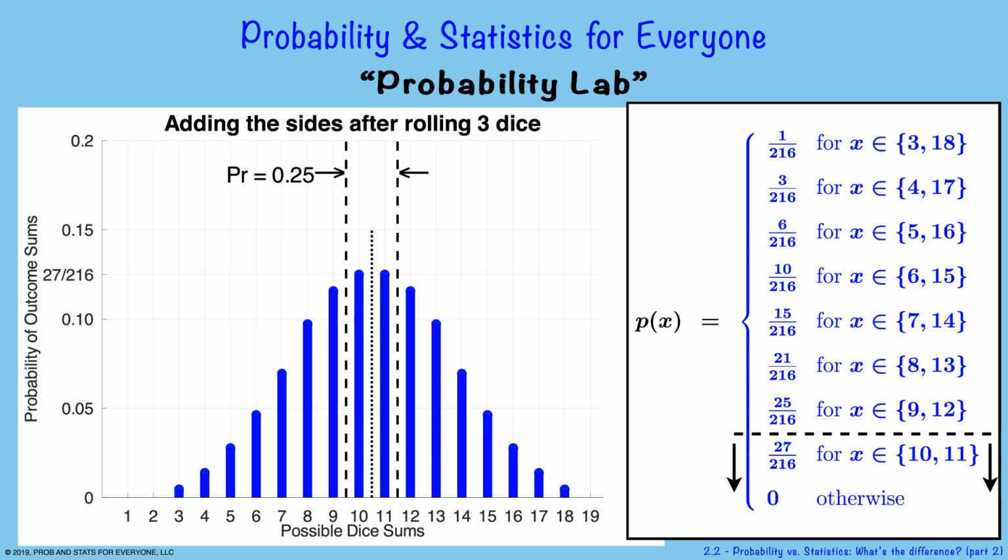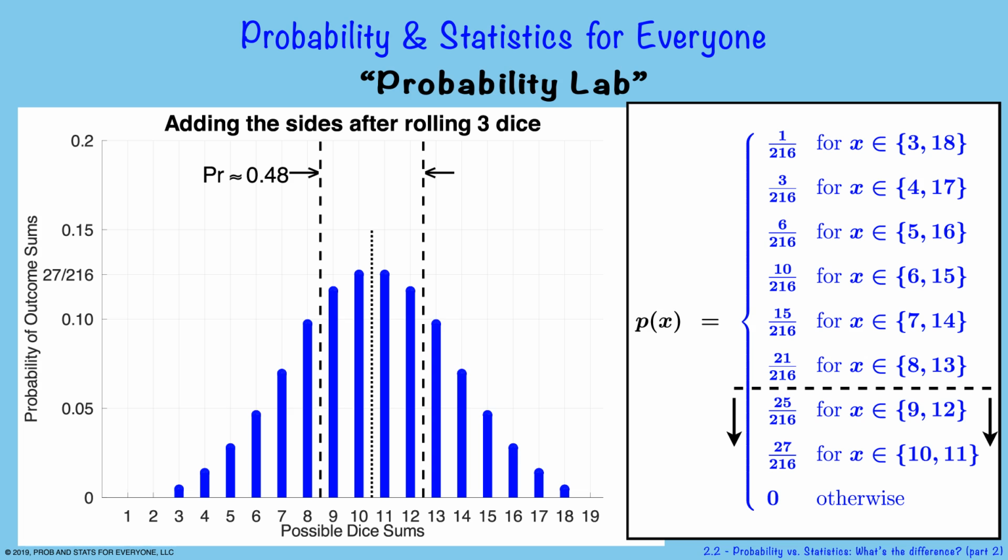If it's an outcome that only occurs 25% of the time, that doesn't seem like a very useful definition of typical. So we'll expand our definition to include any of the values between 9 and 12. Again, we add the individual probabilities and discover that this candidate definition of typical will be expected to occur almost half of the time, which is better but still not as useful as we want it to be.